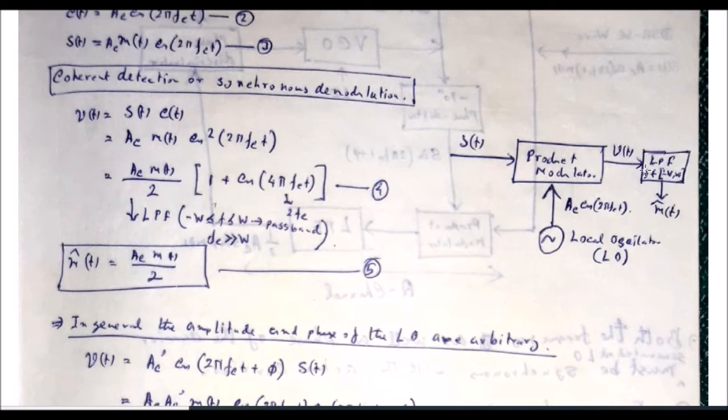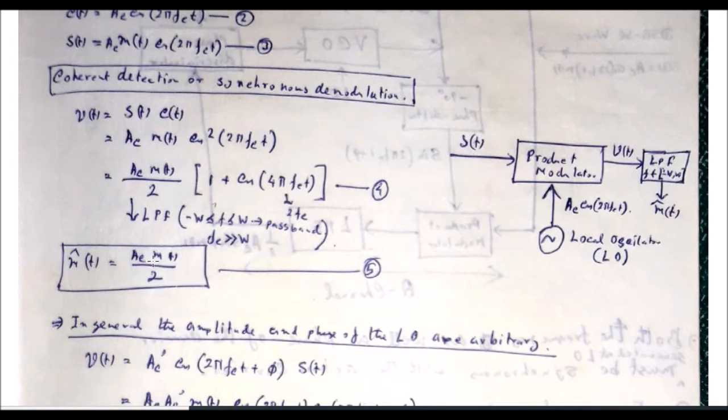So connect a low pass filter having the upper cutoff frequency of W here, put v(t), the output of the product modulator, at the input of the low pass filter, and at the output we will obtain this one. It is the scaled version of m(t), which is denoted as m cap t, the estimation of m(t).